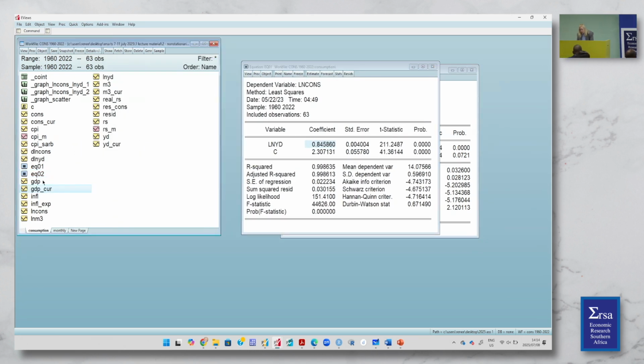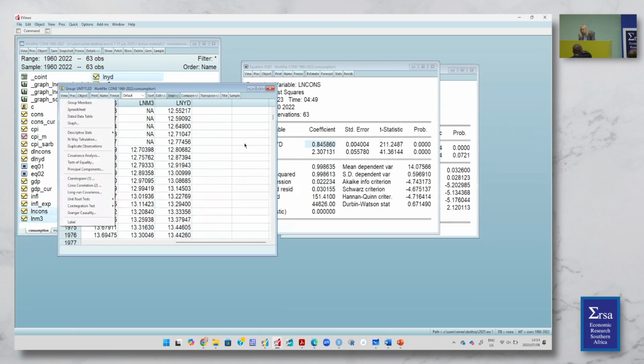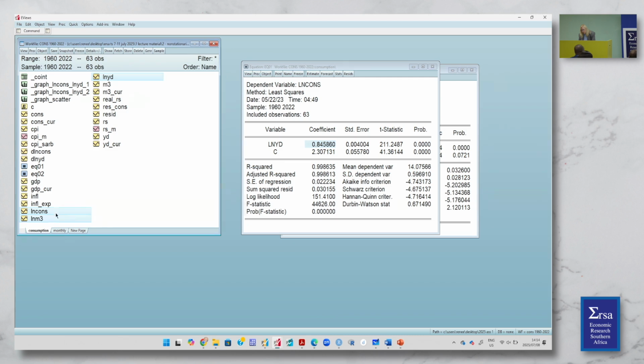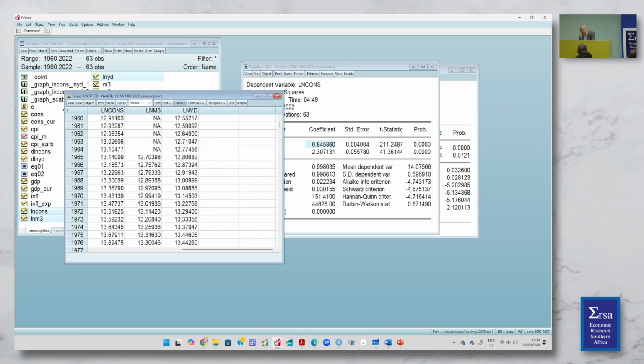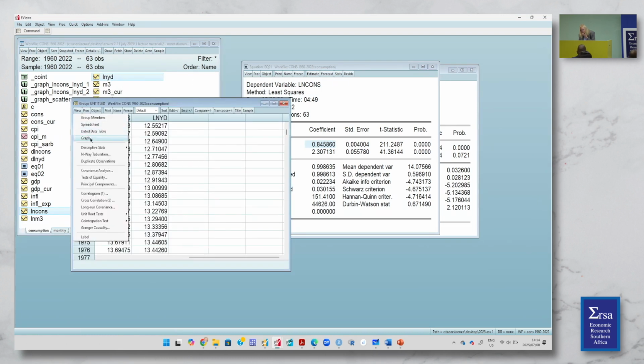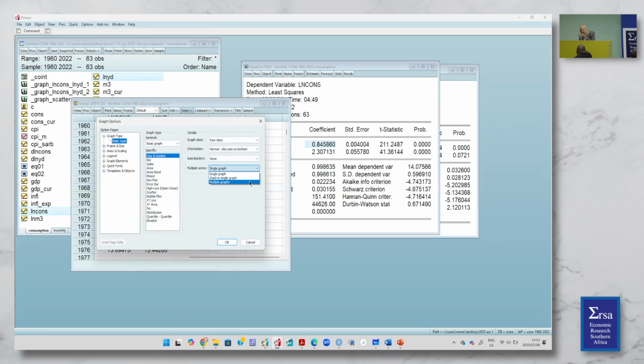If we look at log of cons and log of income, if we look at those, and if I look at that, maybe look at multiple graphs.